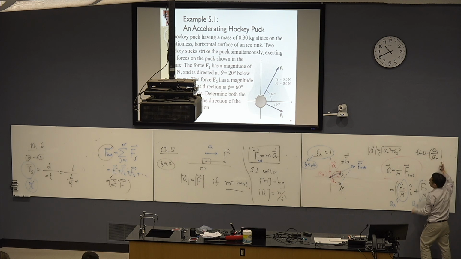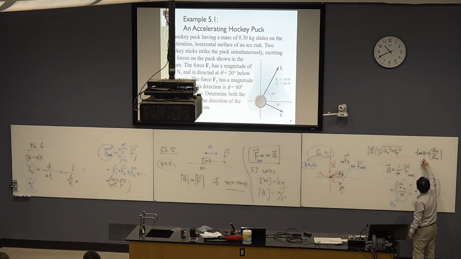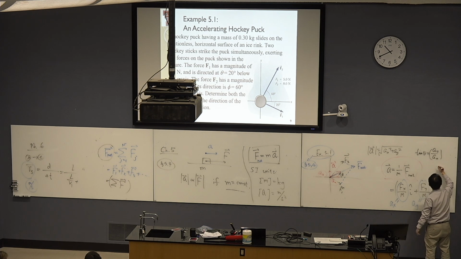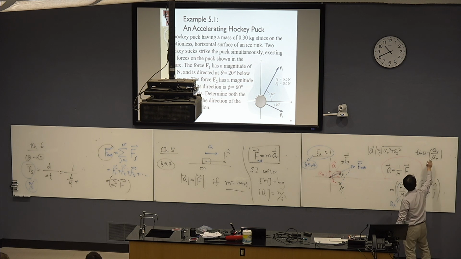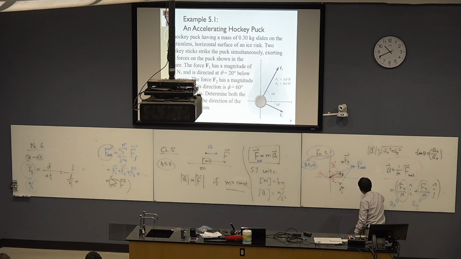Now you will be able to obtain that angle, because you can compute the arctangent of ay over ax, which, since the vector just points into the first quadrant, will just give you the angle theta here. So then you obtain the angle as well as the magnitude.